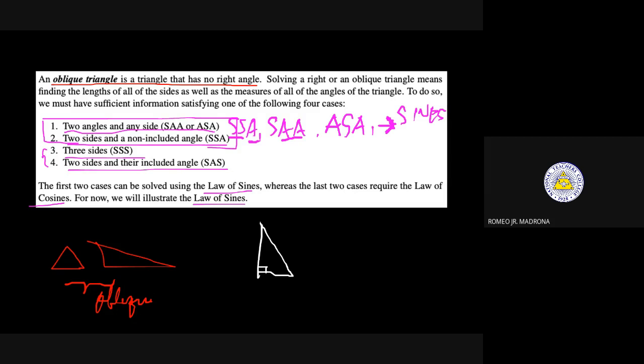Right? And the SSS and SAS are for cosine. Okay? Mas madaling tandaan, cosine, dalawa lang sila. At SSS, SAS. Okay? So therefore, class, alam mo na kaagad si sine. Wala kay cosine, guys. Okay.